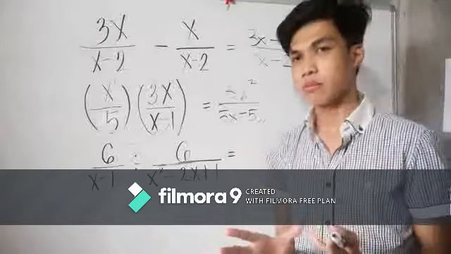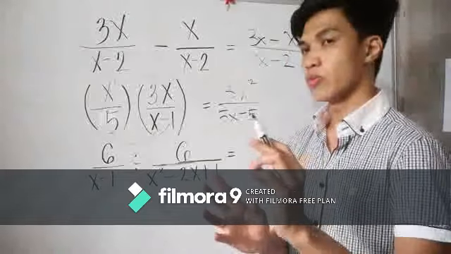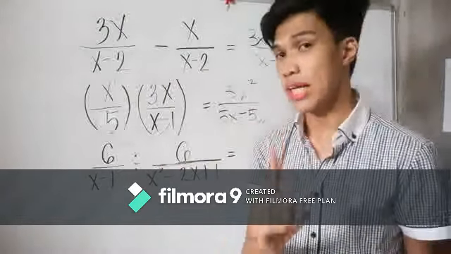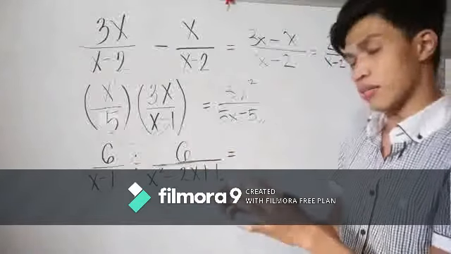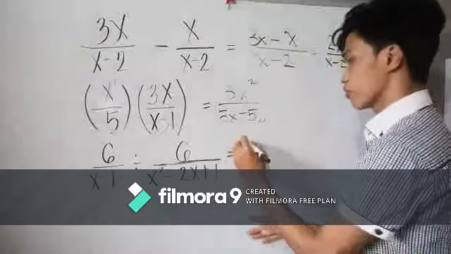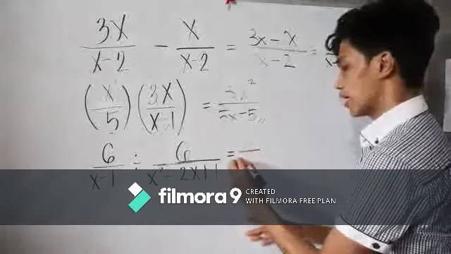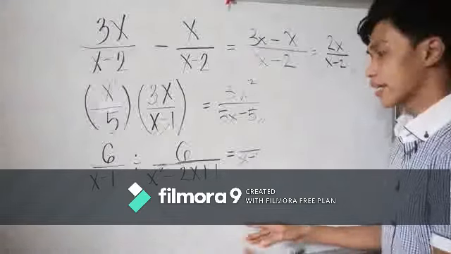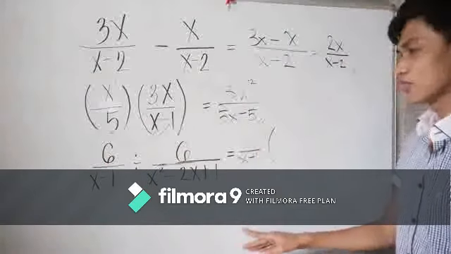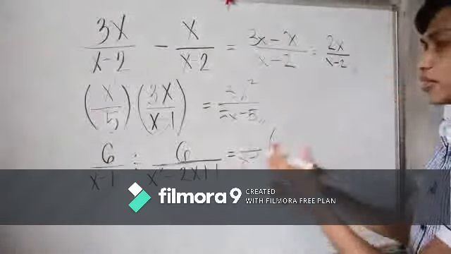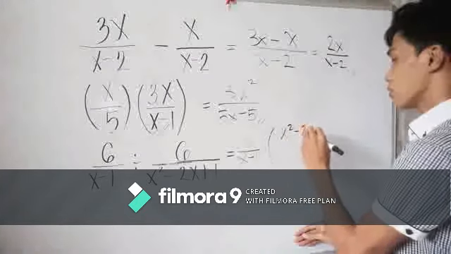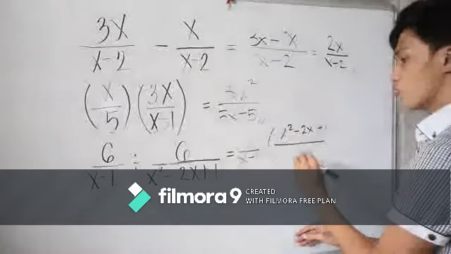The basic principle of division: first, we need to change division to multiplication, and after you do that, you need to reciprocate the second fraction. Let's copy the first one, x over x minus 1. Then change the operation from division to multiplication. So, next, we need to reciprocate the second fraction, so that will be x squared minus 2x plus 1 all over 6.